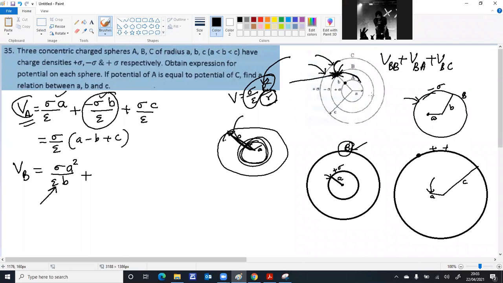Can you just listen for one minute? This is a point I'm considering now. Can you see this round black point? Is it inside A? No. So we should take the outside contribution of A, right?